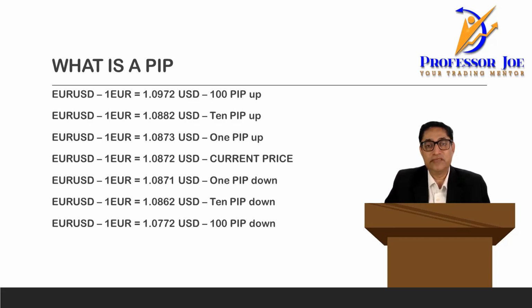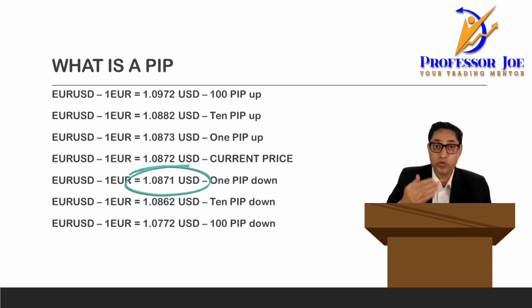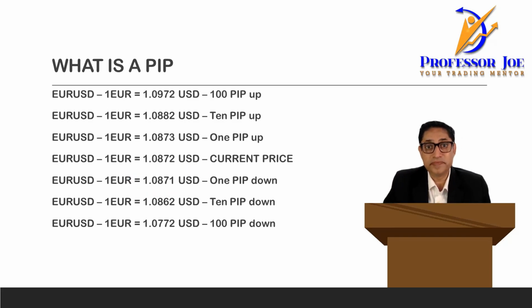And on the other side, if the price moves from 1.0872 to 1.0871, we say that the price has moved down by 1 pip. And if the price has gone down from 1.0872 to 1.0862, that means the price has gone down by 10 pips.